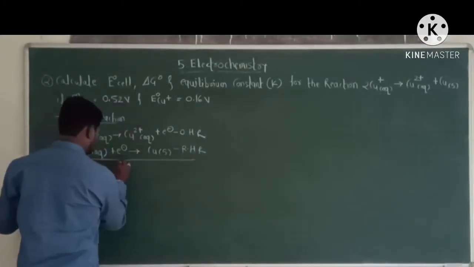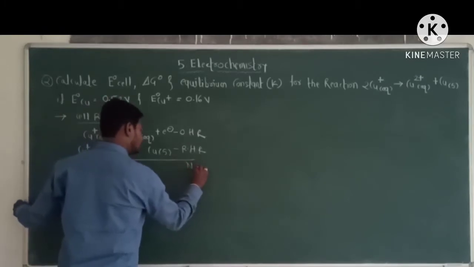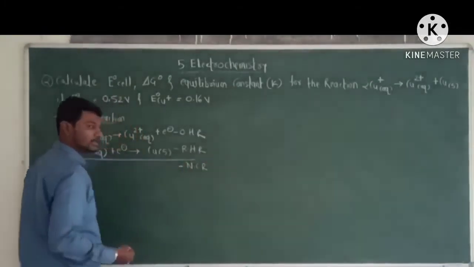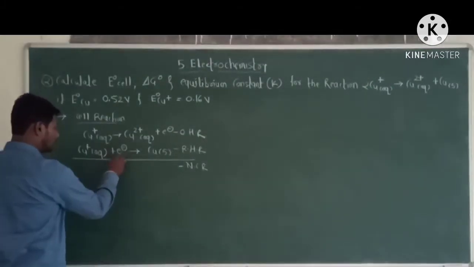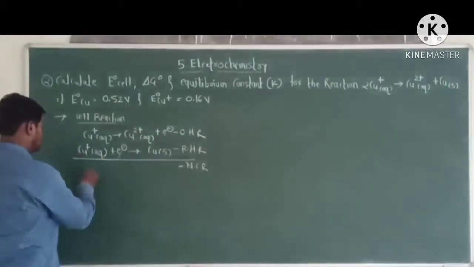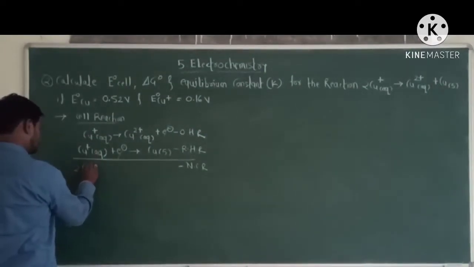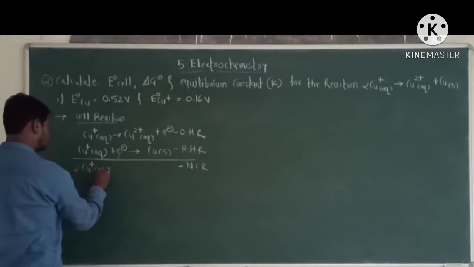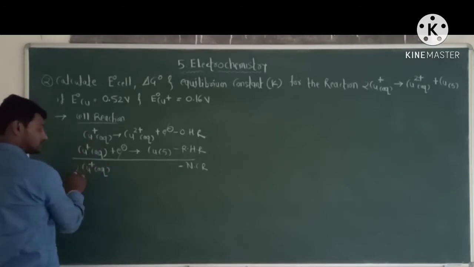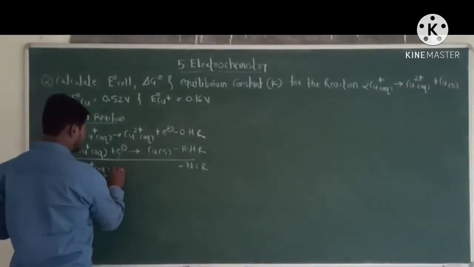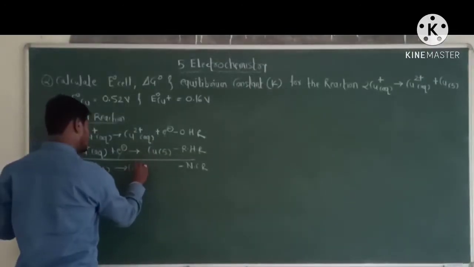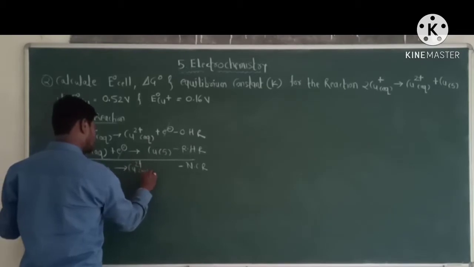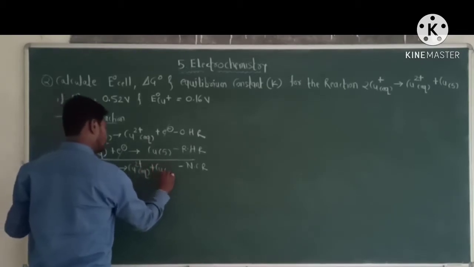After that, write down the net cell reaction, which is also called the overall cell reaction or redox reaction. Here the electrons get cancelled. 2Cu+ aqueous gives Cu2+ aqueous plus Cu solid.